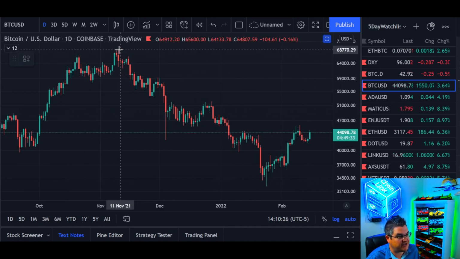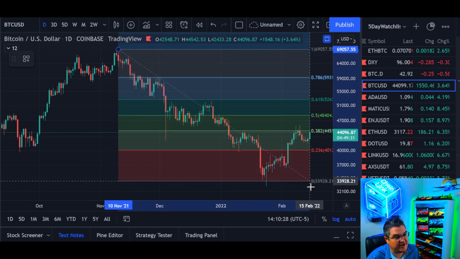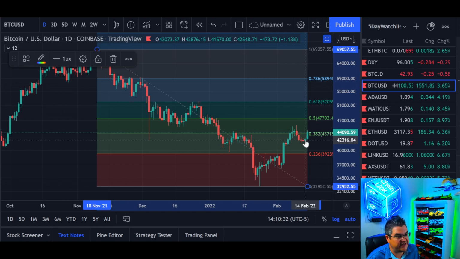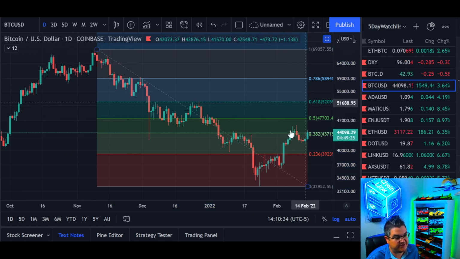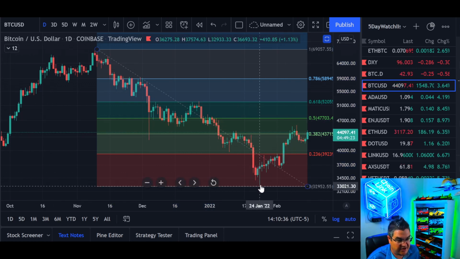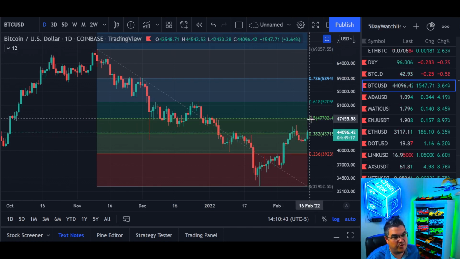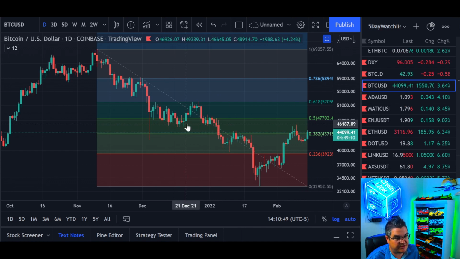How about the Fibonacci levels? We've covered this a little bit in depth, but just in case you've missed it, here you go. On the daily trading scale here, the extension, we're assuming the bottom is in, and we want to proceed back to the upside. Minor resistance is 0.382. The big one for me would be to break through the 0.5 at 47.7. If we start closing above that, you've broken through your previous support here.